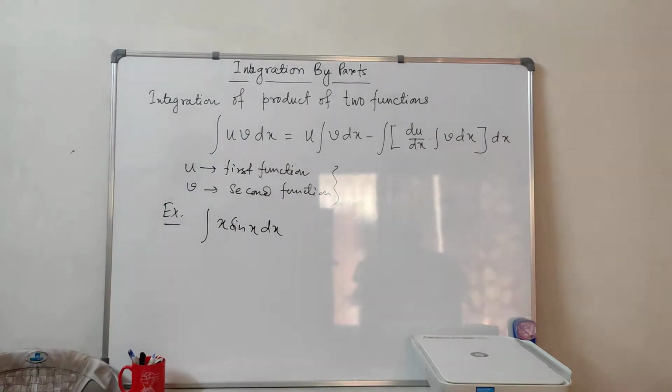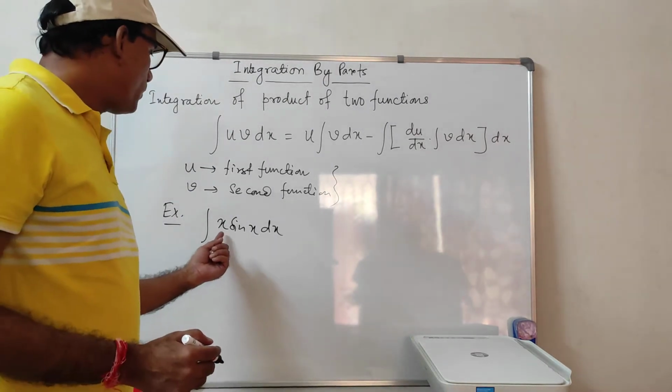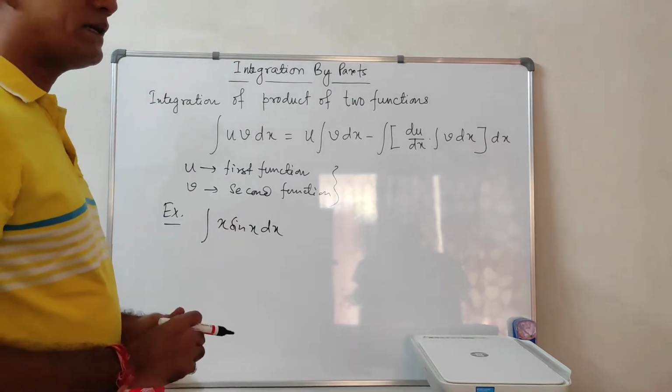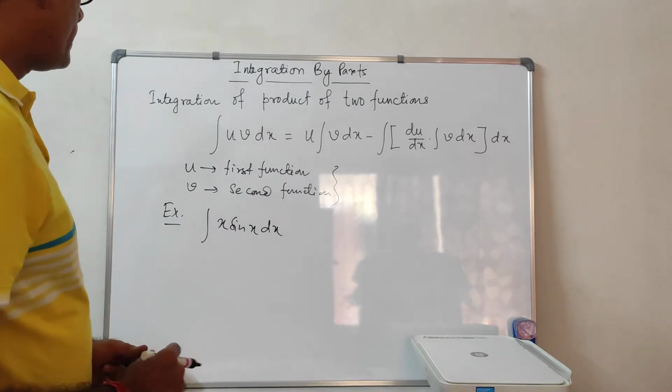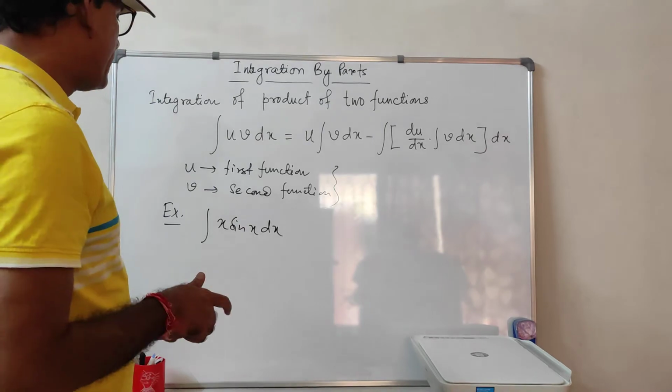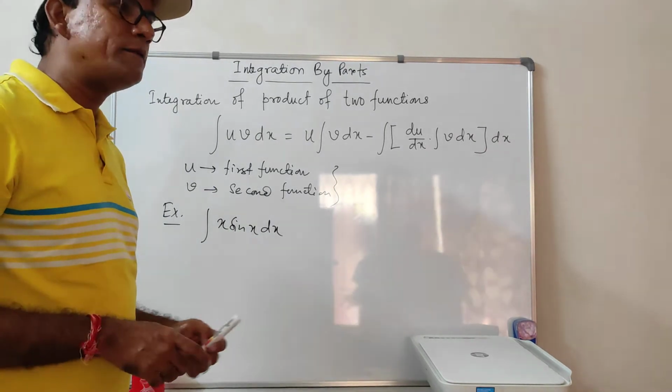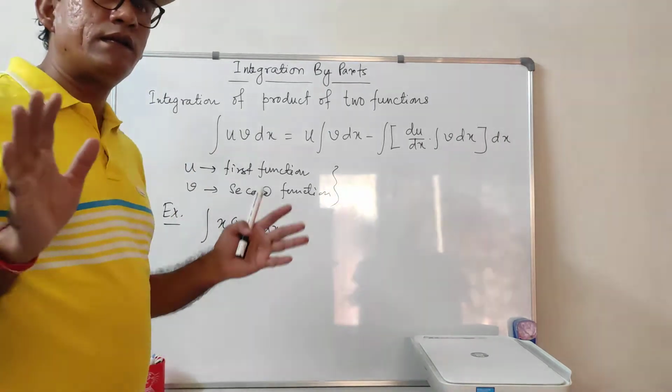Okay, here you must take x as the first function and sin x as the second function. But instead of that, if you take sin x as the first function and x as the second function, you might be in trouble.